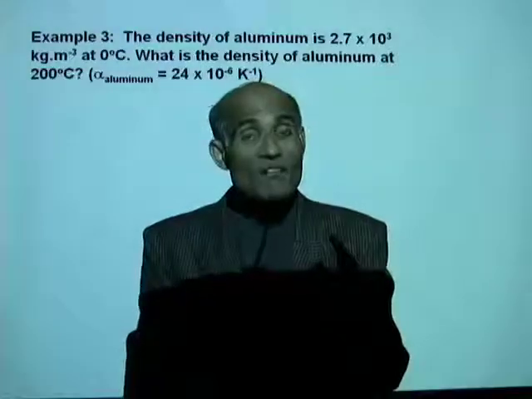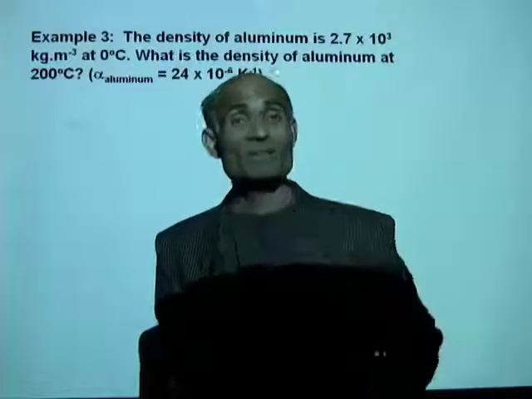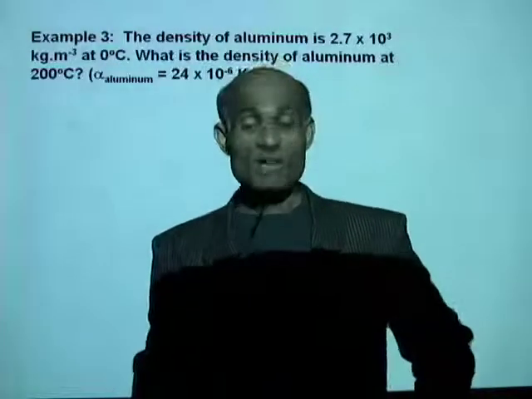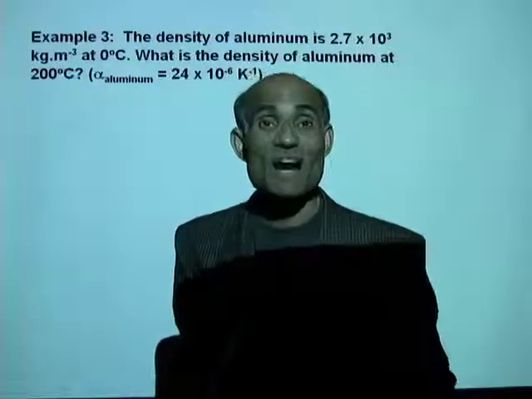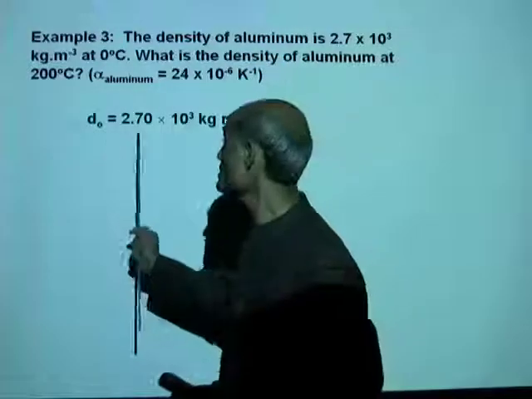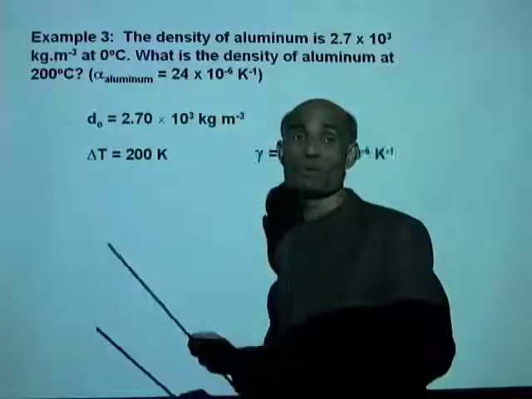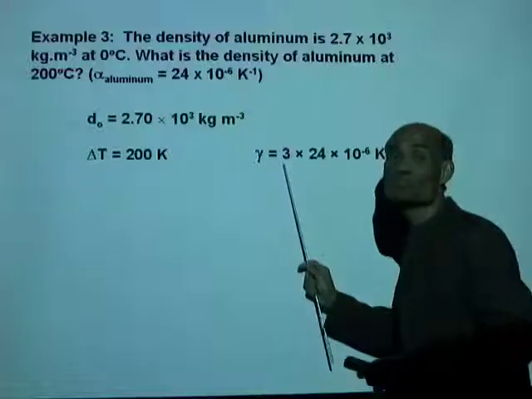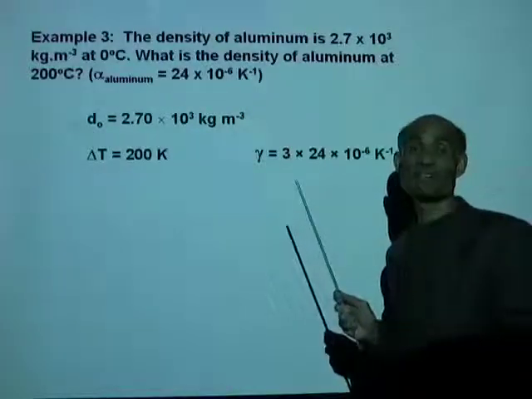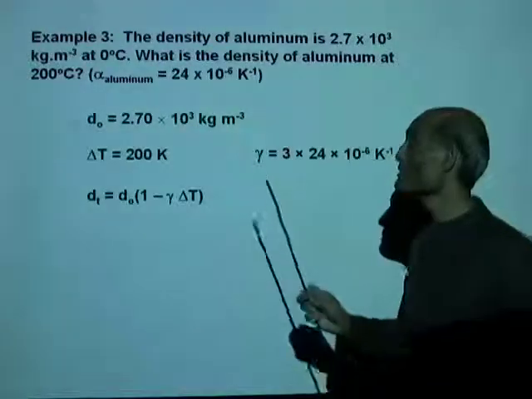If you know alpha, do we know gamma? Yes, because gamma equal to 3 alpha. Alright, D0 we know, delta T we know, and gamma is 3 times alpha, and that also we know.